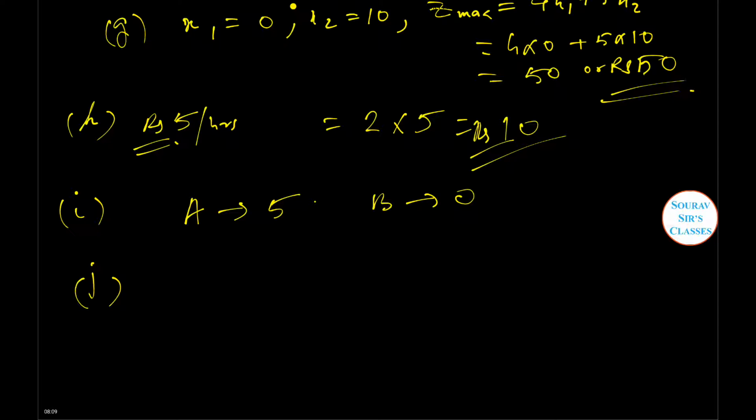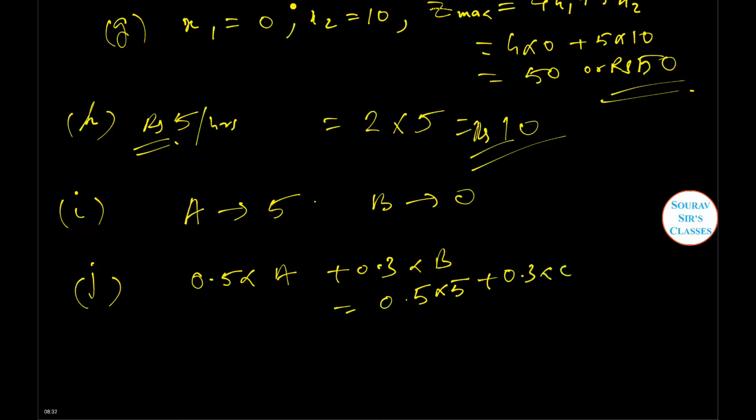Now we see that production of a unit of the proposed new product will reduce the profit by 0.5 into the shadow price of A plus 0.3 into the shadow price of B, which is equal to 0.5 into 5 plus 0.3 into 0, as the shadow price of A is 5 and the shadow price of B is 0, which is equal to rupees 2.50, which is less than rupees 3.